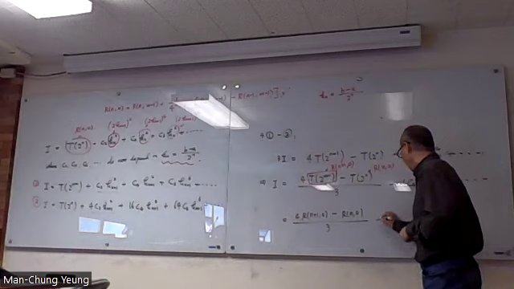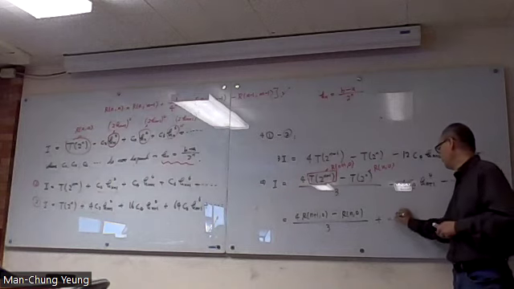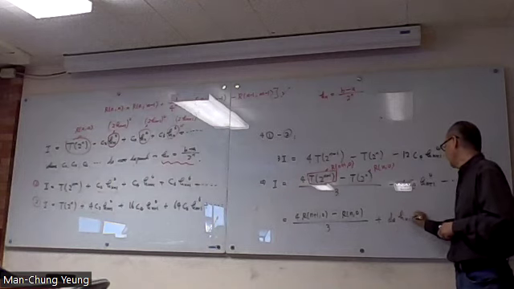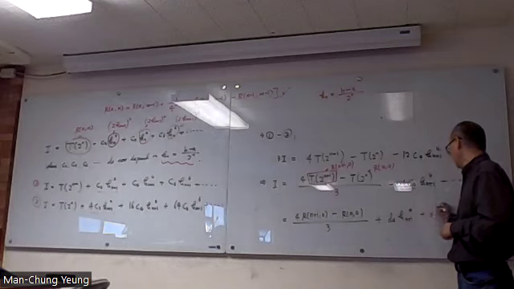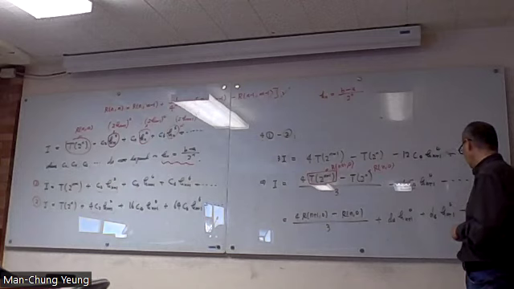How about here? Now rename the coefficients: D4 h_{n+1} to the 4th, and then D6 h_{n+1} to the 6th, and so on.